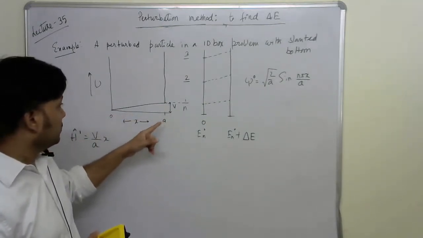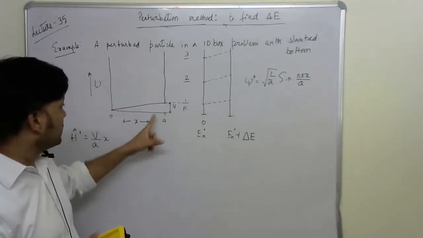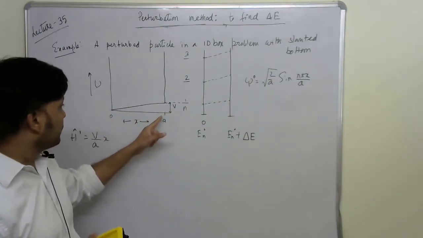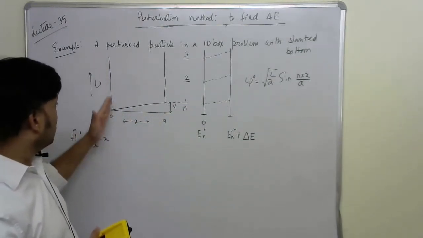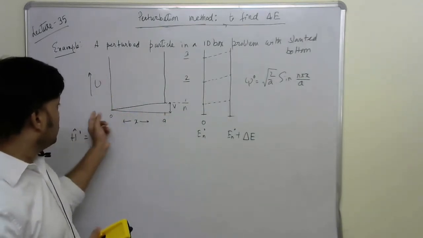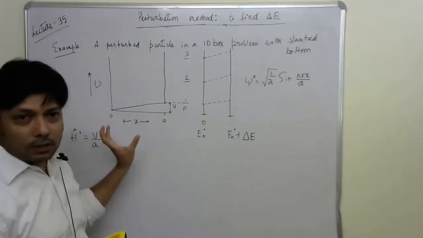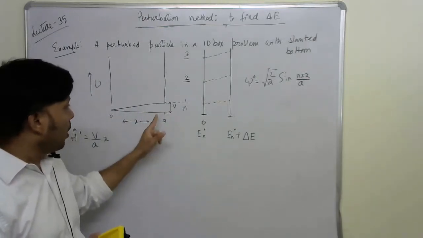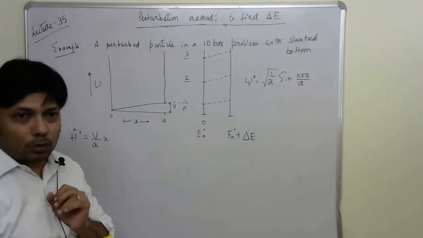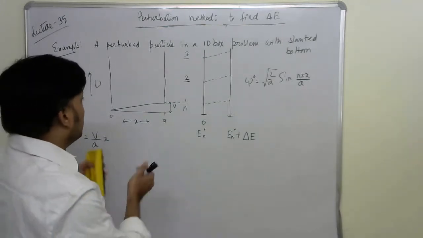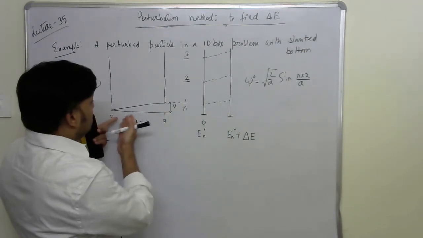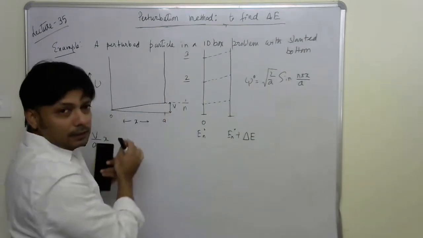But now the problem is what happens whenever the particle approaches A. In between 0 to A, the potential energy is 0, but right at the boundary wall, there is some finite potential energy. So it is as if the limit has been slanted a little bit.